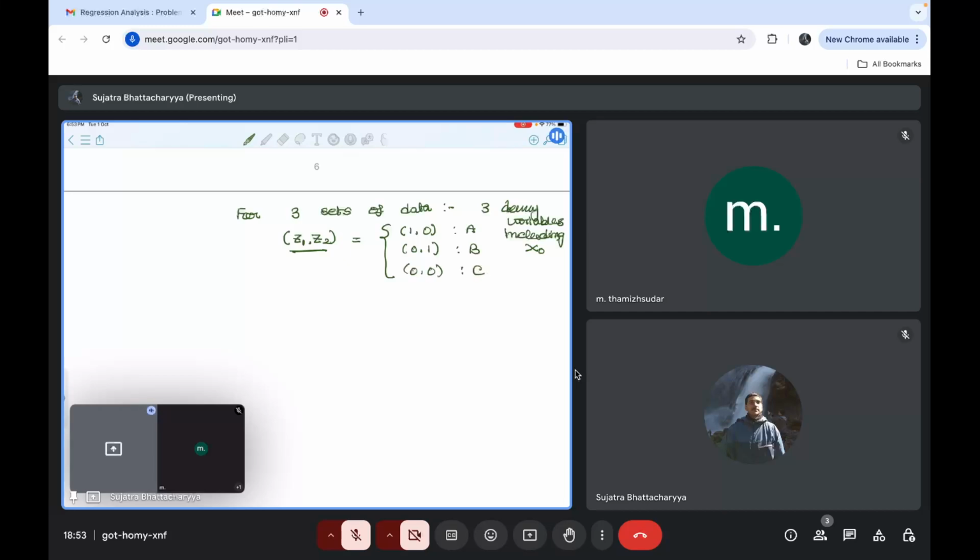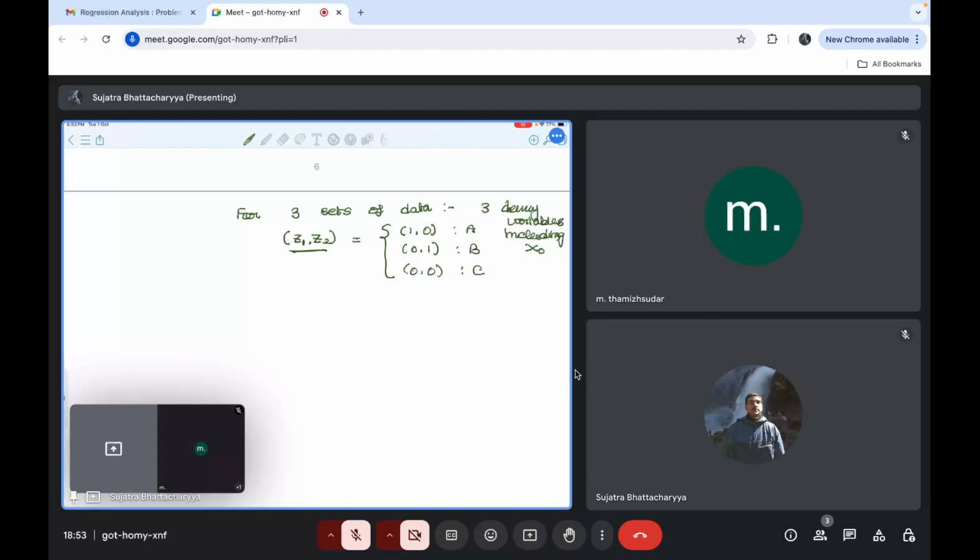You can interchange everything. You can write 0 0 for A, 0 1 for B, 1 0 for C, whatever you like. Based on that, just remember that when we do further analysis, those definitions will be changing, so be careful about it. If you use it this way, then whatever I write, that analysis will remain the same. Otherwise, just its definition will change.